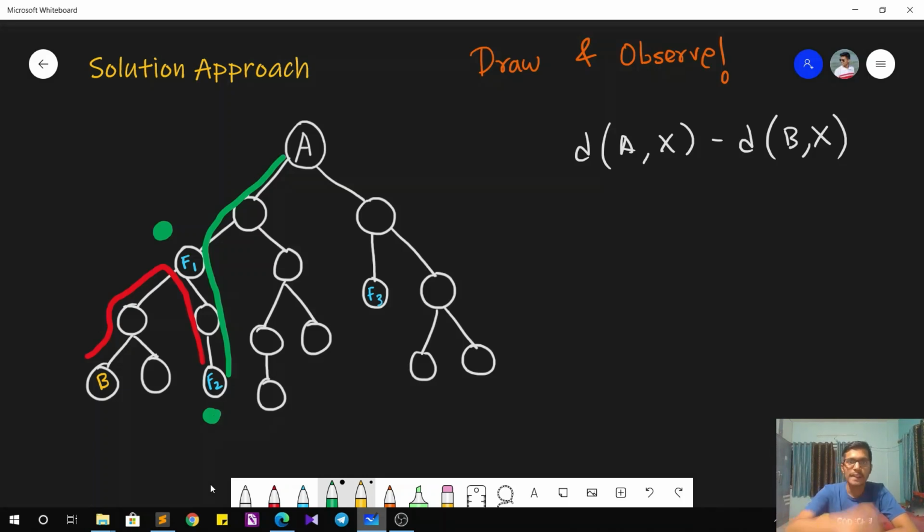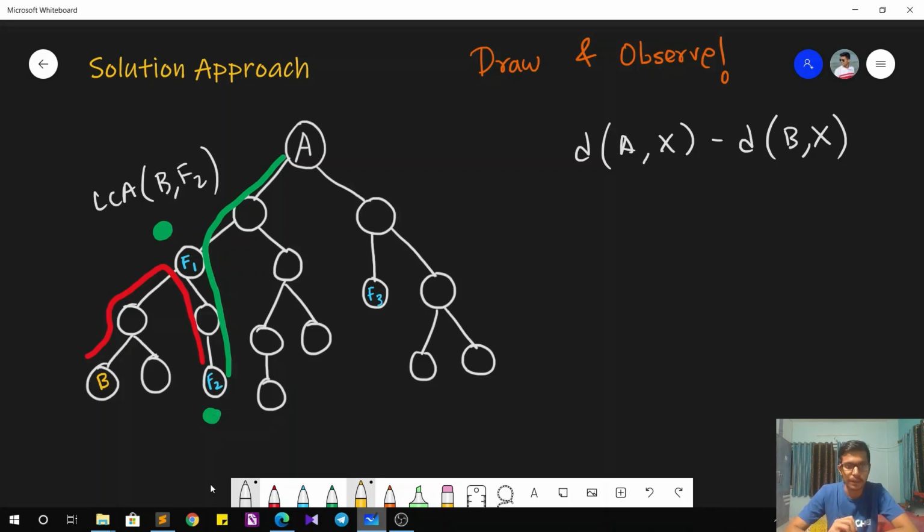The node at that position is special because it is the least common ancestor. It is the LCA of B, F2. That is, it lies on the path from F2 to A as well as on the path from B to A. So it is the least common ancestor of B and F2 in the given tree.